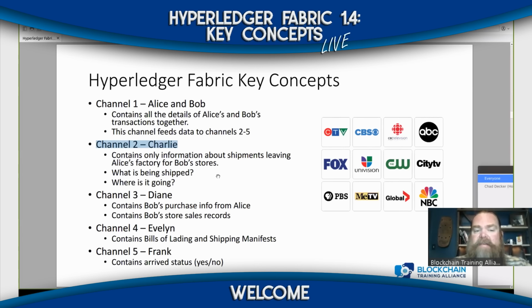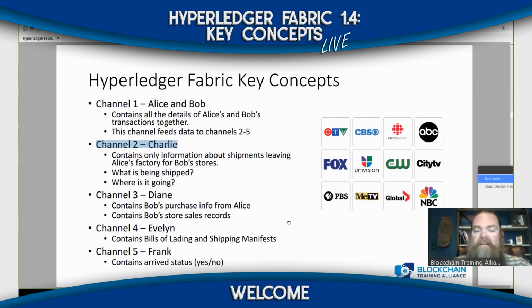That means if I'm an attacker and I successfully breach channel number 2, I'm going to see all the information there is to see about what's being shipped and where it's going. I'm not going to see any other information. I'm not going to see any of the information from channels 1, 3, 4, 5, or any other channels that any other participants in this network may be involved in or may be a member on.